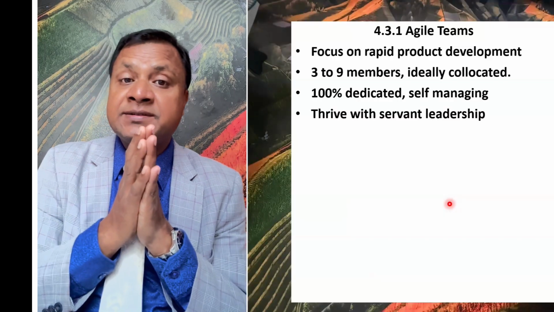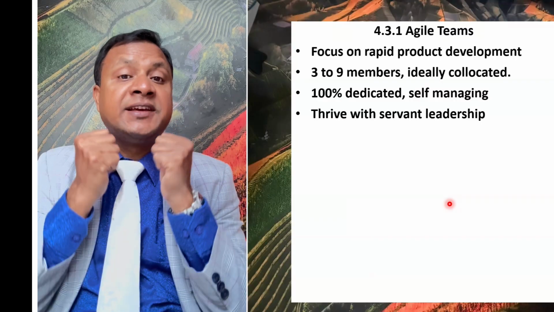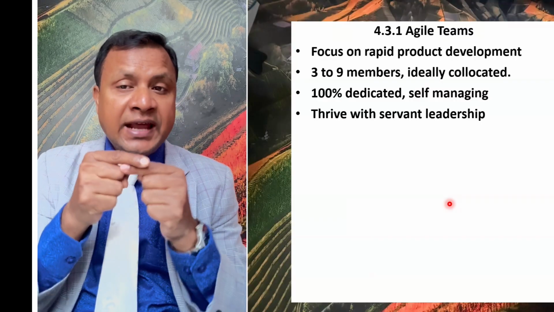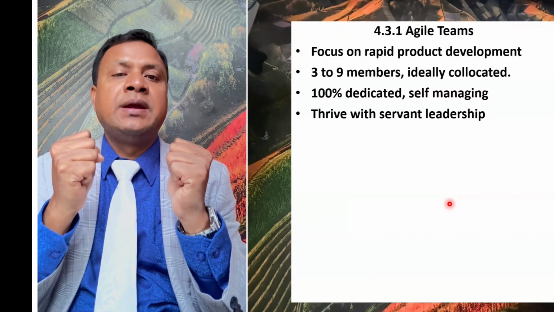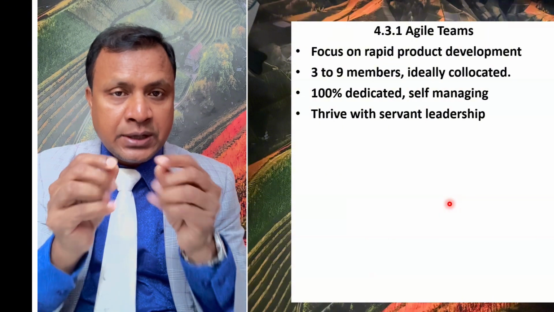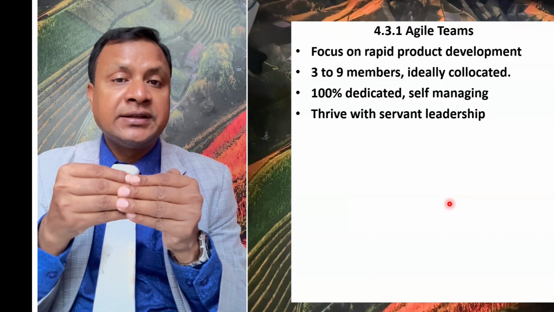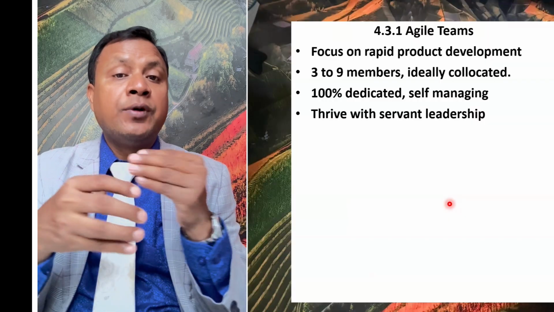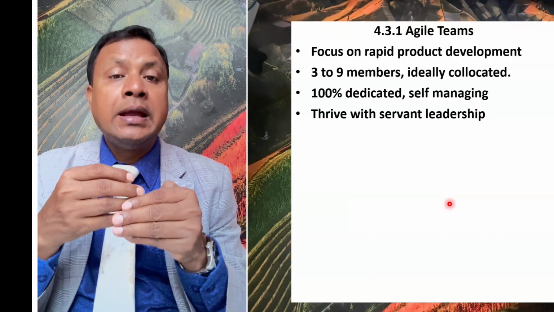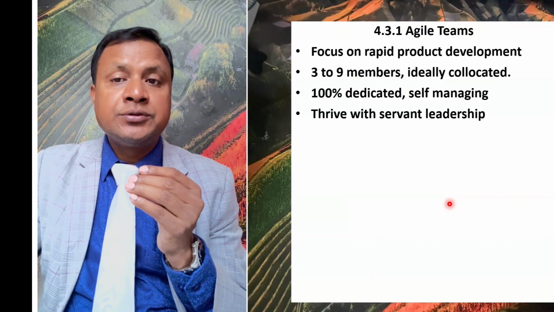They are 100% dedicated and they are self-managing. They always thrive with servant leadership. That means they work themselves to pave the path for others and they help each other, they share with each other, they work in a participatory manner, they use collaboration.